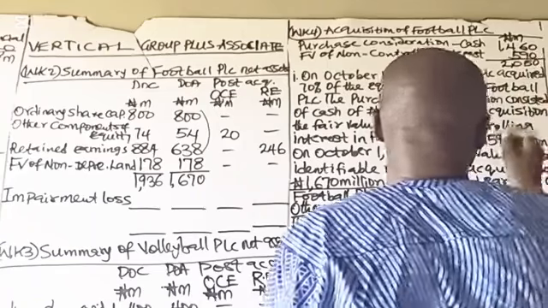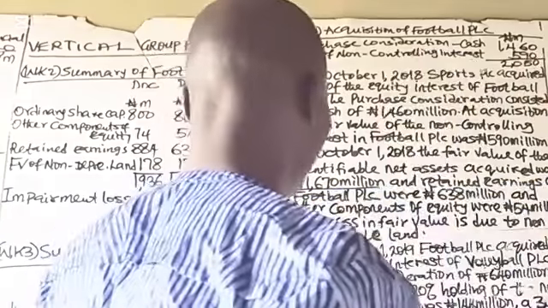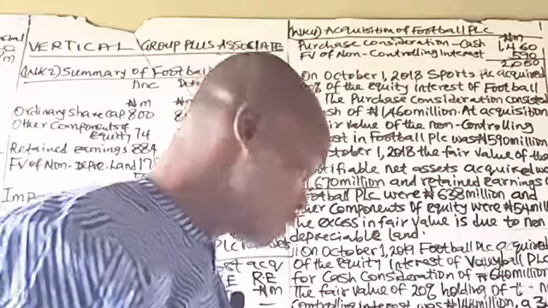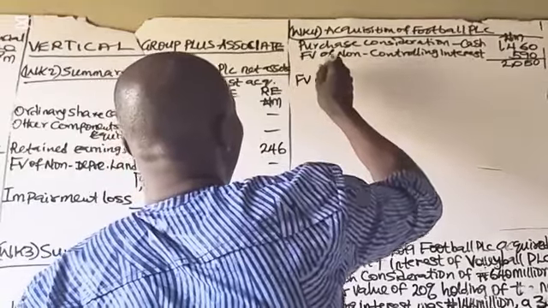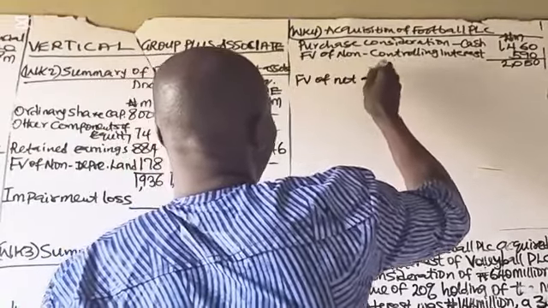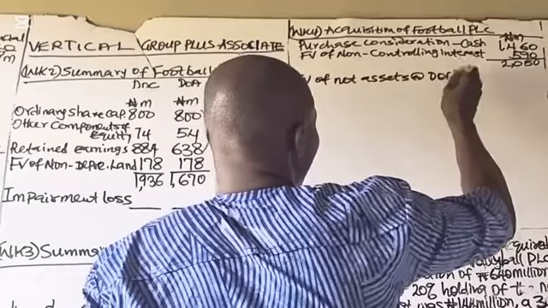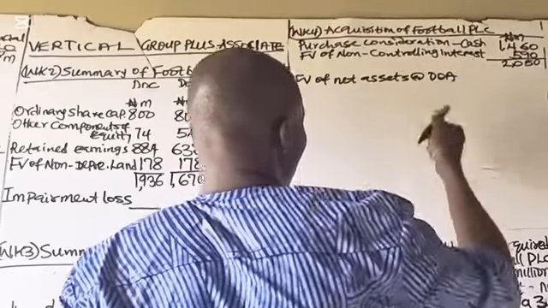Then the next item is to deduct the fair value of the subsidiary's net assets at the date of acquisition.